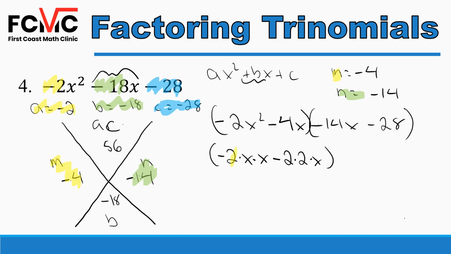What's our GCF? Well, we've got negative 2, we've got an x and an x. So we could pull that out. All right, we're left with basically just an x and a positive 2. So this is going to be negative 2x, pulling out of the parentheses, and we're left with just x plus 2 inside the parentheses.